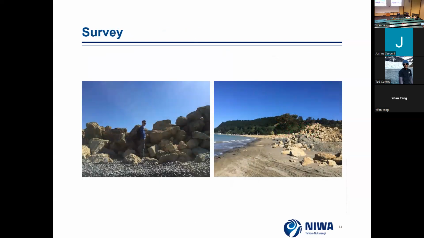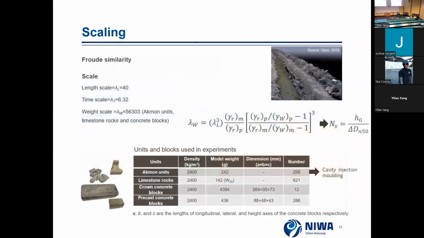Before that, we did some survey of the rocks and the Ekman units, because our purpose is to investigate the stability of the breakwater. The breakwater consists of these units, for example, the Ekman units, limestone rocks, and concrete blocks.